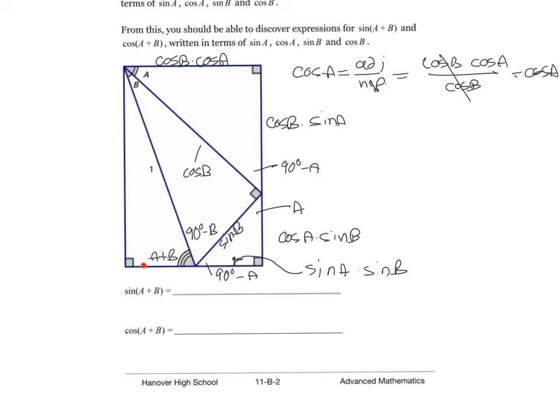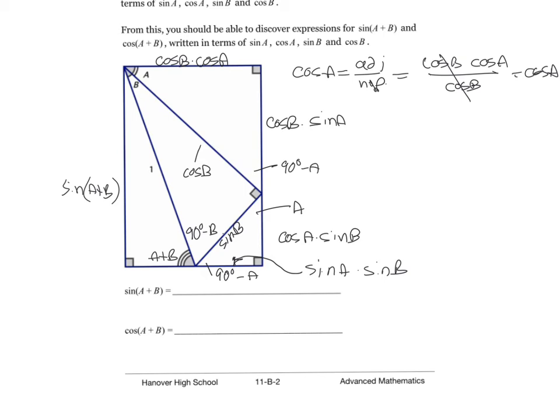That means that this opposite side is just going to be sine of A plus B. I can go and write that in. That is sine of A plus B, and this is all in parentheses like that. So we take the angle A and we add it to B, and then we take the sine of that. And that's what the length of that side is going to be, because its hypotenuse is 1.